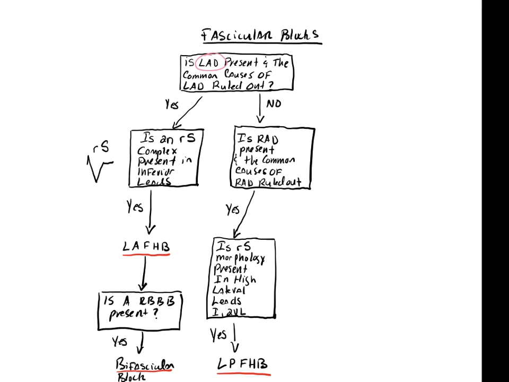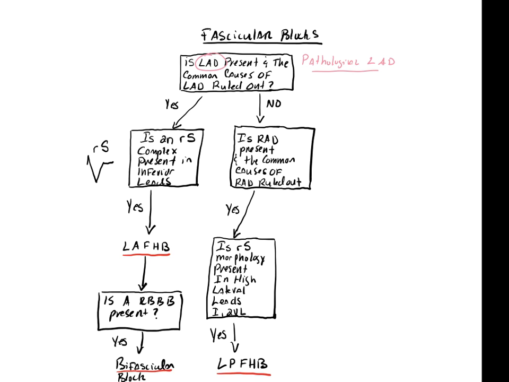Hence the reason that we need to be able to identify axis deviation, okay? And what I mean by left axis deviation is pathological left, all right? Generally, that's negative 40 and up, okay? So, well within pathological. Is pathological left axis deviation present?